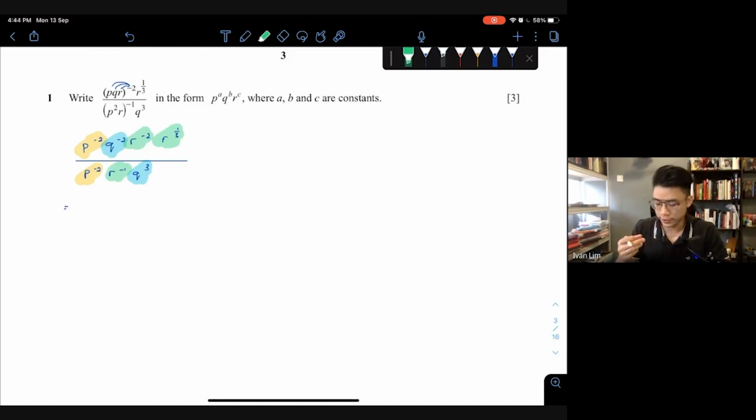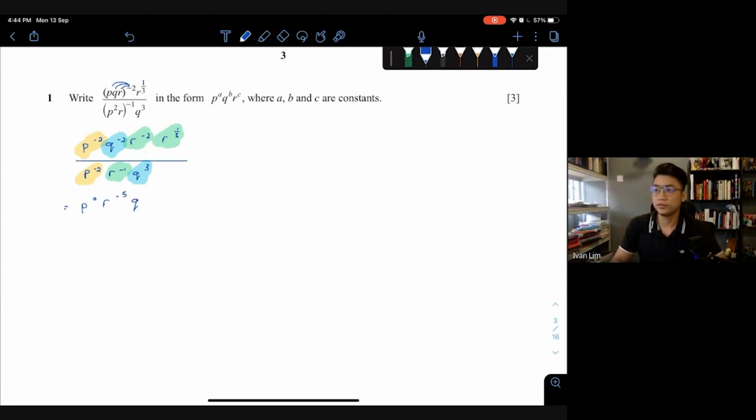Okay, so we apply our laws of indices. P^-2 divided by P^-2 will be P to the power of -2 plus 2. So you'll get P^0, all your R's added up together, you get -5, and Q, you'll get -2 over 3.